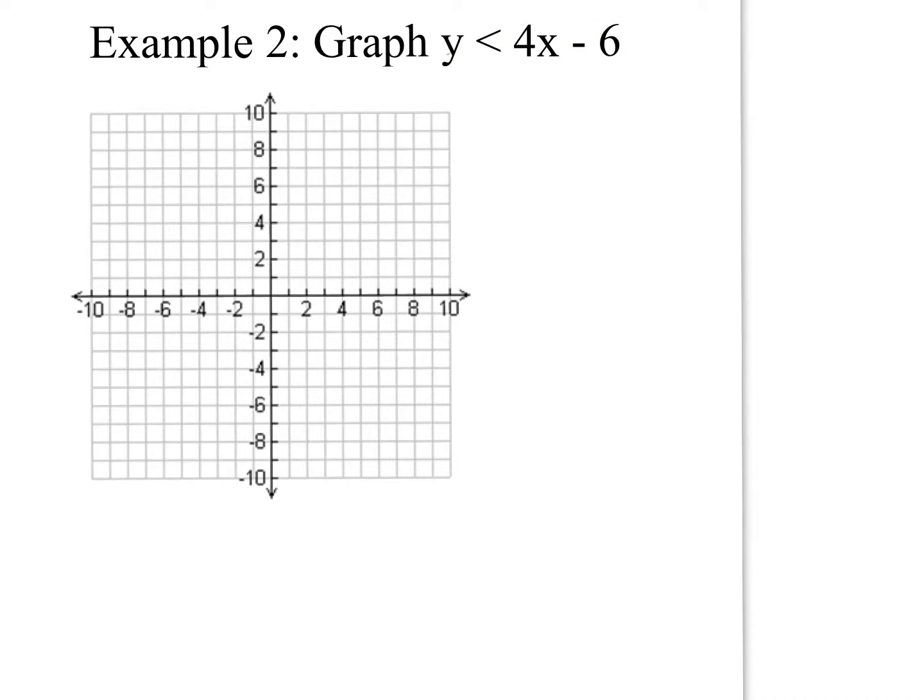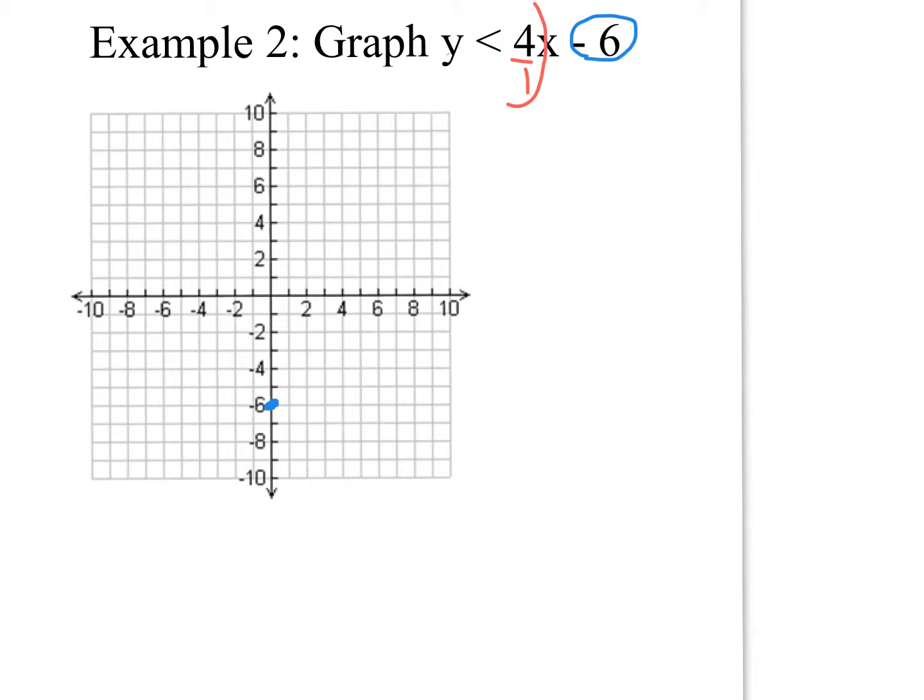Now, our next step is to plot the Y-intercept and some points using the slope. Here's my Y-intercept at -6. So I go to -6 on the Y-axis, which is right about there. Let's make a nice point. Now, my slope is 4, or 4 to 1.